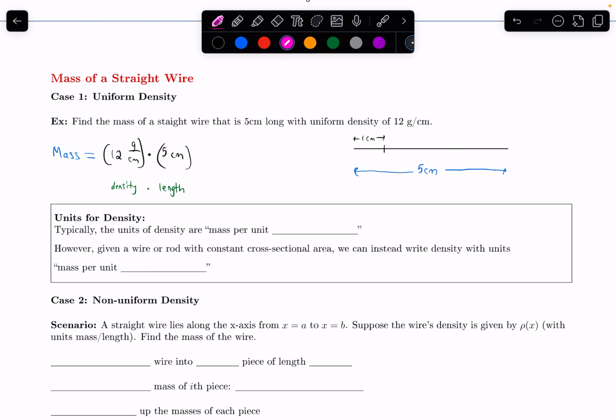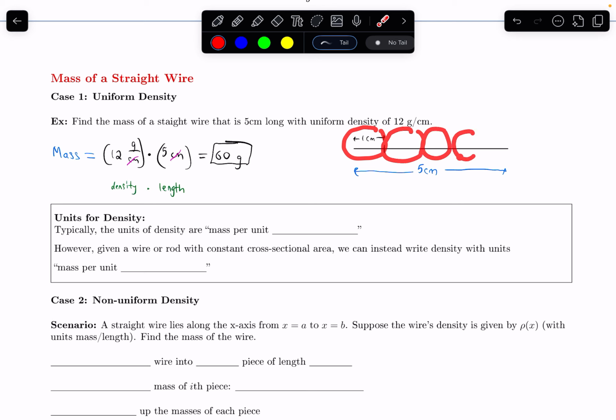One of the nice things that happens is the centimeters on top and bottom cancel, and that leaves me with 60 grams. Those are my units. In fact, if I were to just keep adding up 12 grams for the first centimeter, 12 for the next one, and the third, and the fourth, and the fifth, 12 added together 5 times is 60.